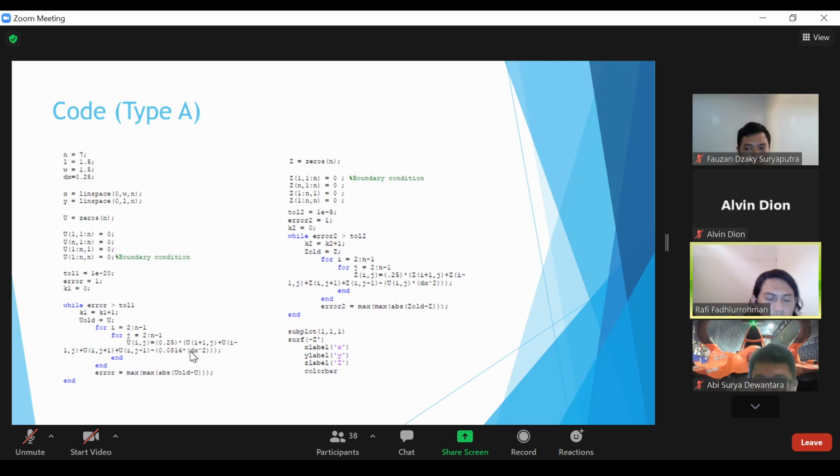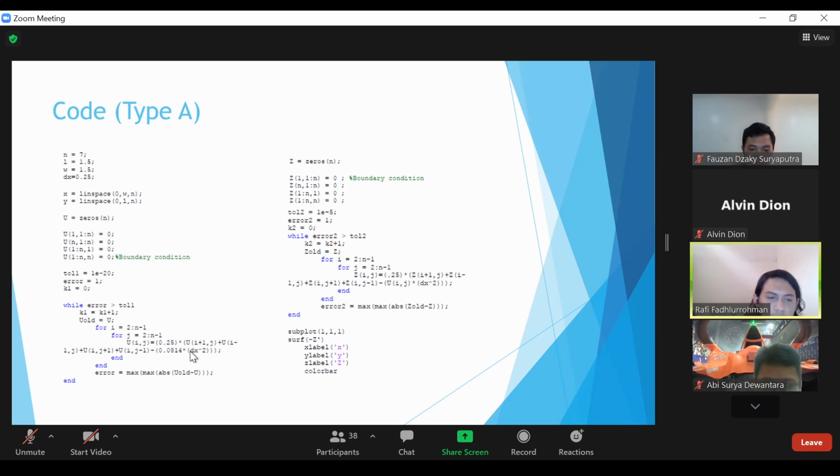And then for solving the equation, first we set the goal, which is the tol that we set at 10 to the power of minus 20, and the first error equals 1, and the first iteration from 0.